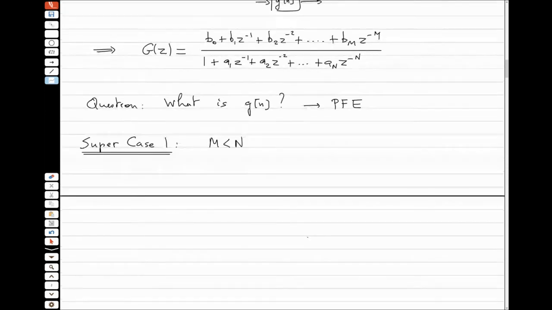So in this case, you can apply partial fraction expansion, but first step, you need to factorize the denominator of G of z.